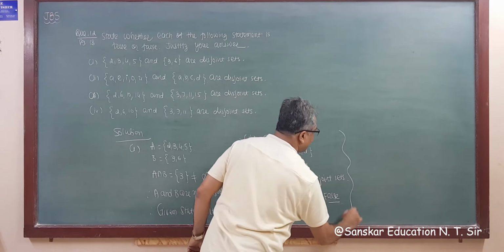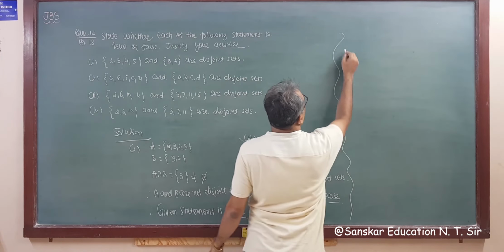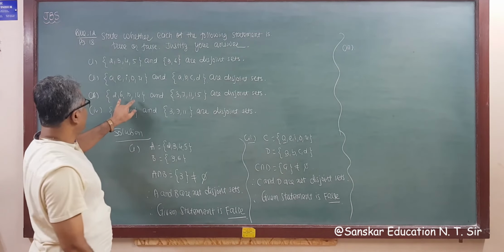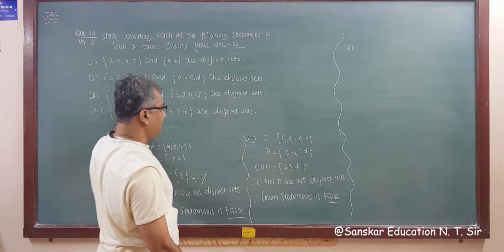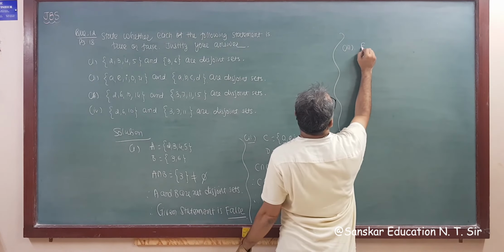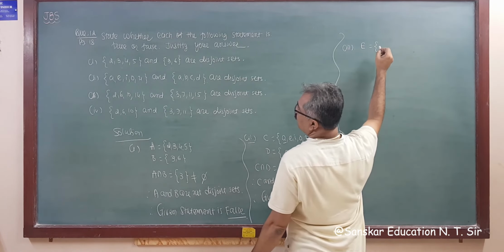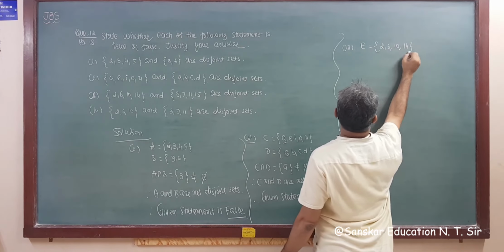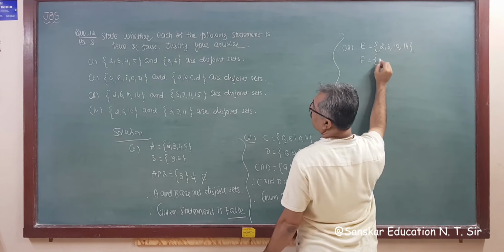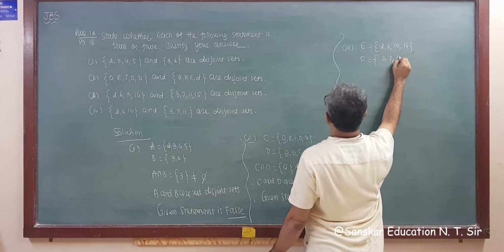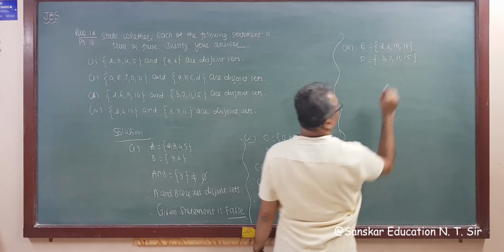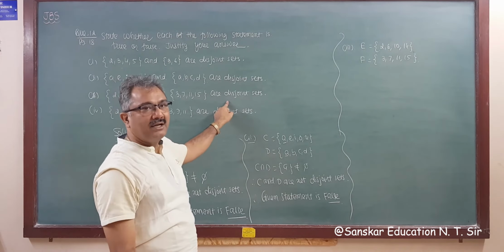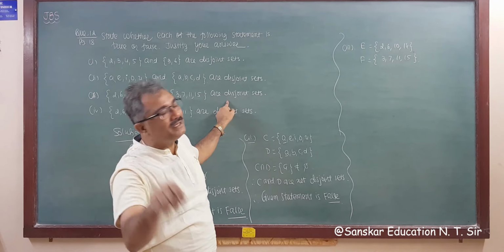Now third one. 2, 6, 10, 14. Say this is set E. So set E is equal to 2, 6, 10, 14 and set F is equal to 3, 7, 11, 15. Right? Given that these two sets are disjoint, we have to find out the intersection.